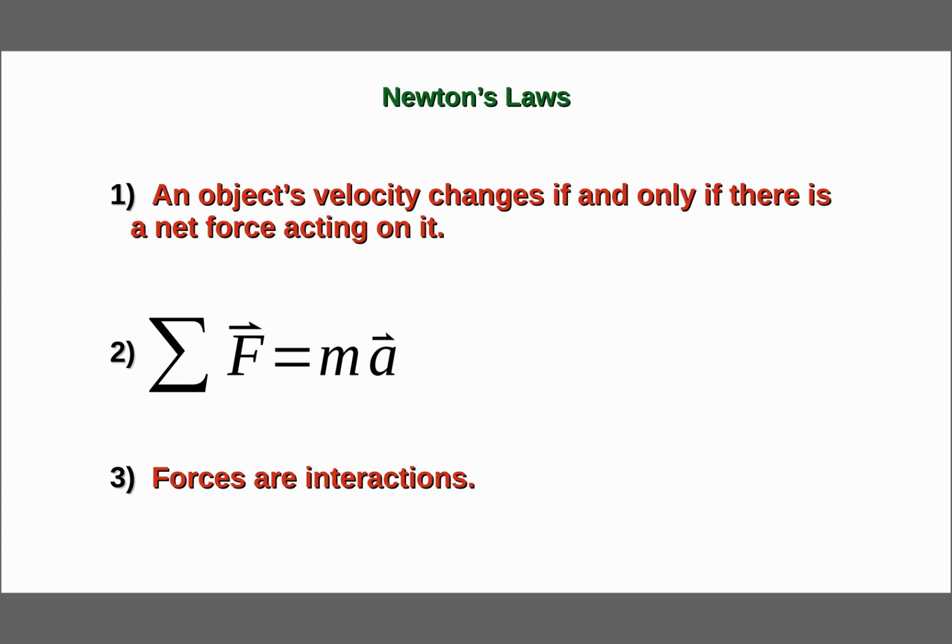And then the third law: forces are interactions, okay? And we know that what we mean by that is that forces always have two sides, the one object pushing on the other, and then the second object in return pushing on the first, and that there's always just one magnitude for this interaction.